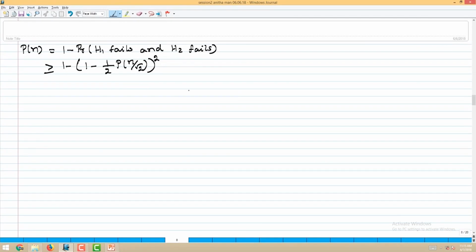Therefore, this is the probability. Okay. So, this is equal to 1 minus, if you simplify, 1 minus 1 by 4 P of n by root 2 the whole square plus, then cancel, P of n by root 2. Okay.